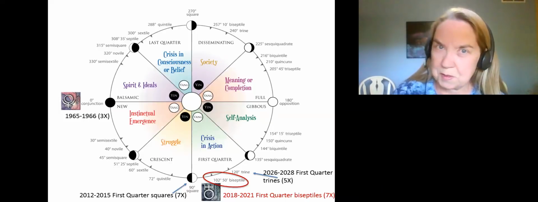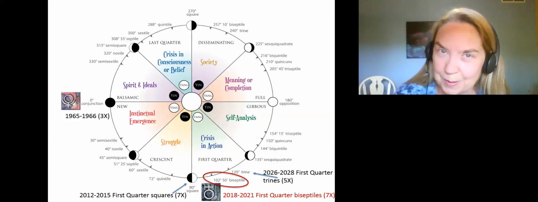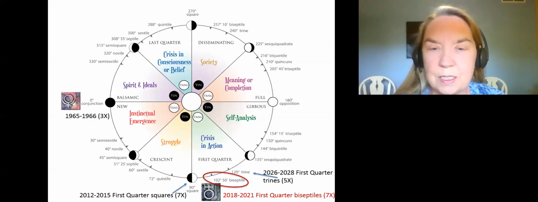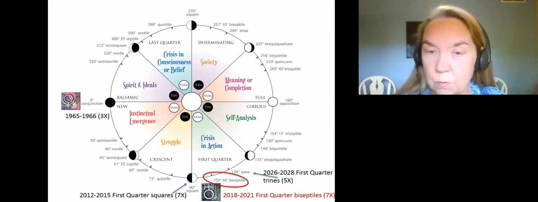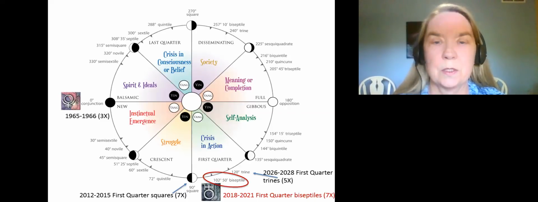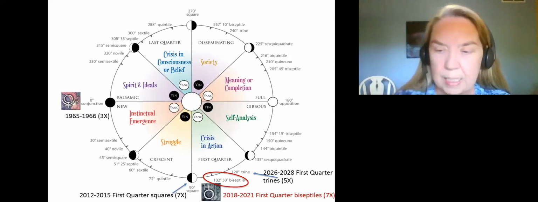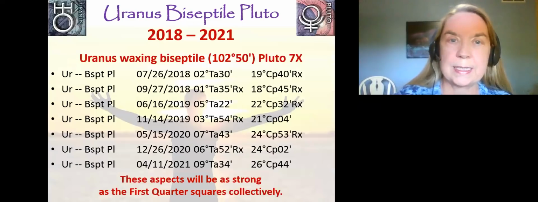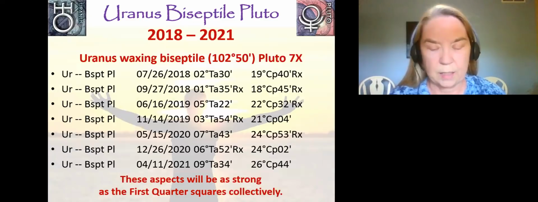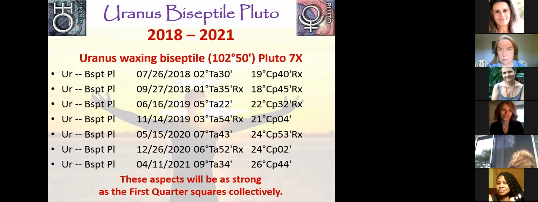Well, guess what? There's another aspect beyond the squares, and it is called the biseptile. And as you can see down there on your screen, I've circled it in red. We are going to have 7 of those aspects between 2018 and 2021. Let me show you the dates and degrees of those aspects, and you'll have this to refer to as a recording afterwards when you want to look at that.